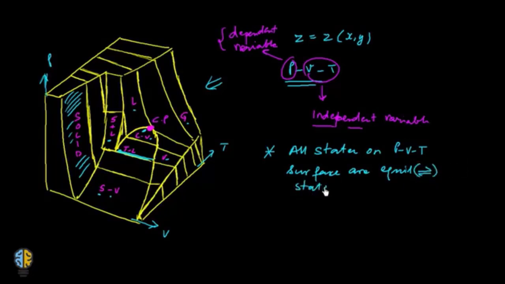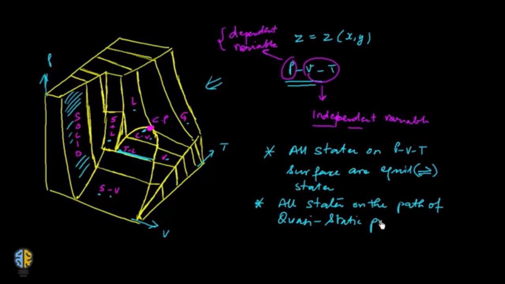Second, all the states along the path of a quasi-static process must pass through equilibrium states.